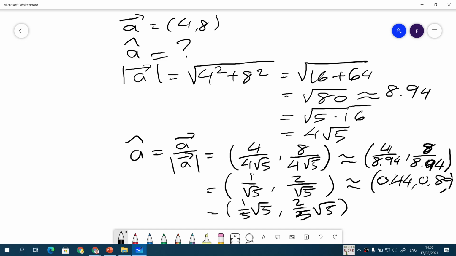If this is too much for you to remember, then just use the calculator, it's fine. Any questions about this example? How to calculate a unit vector of a given vector?